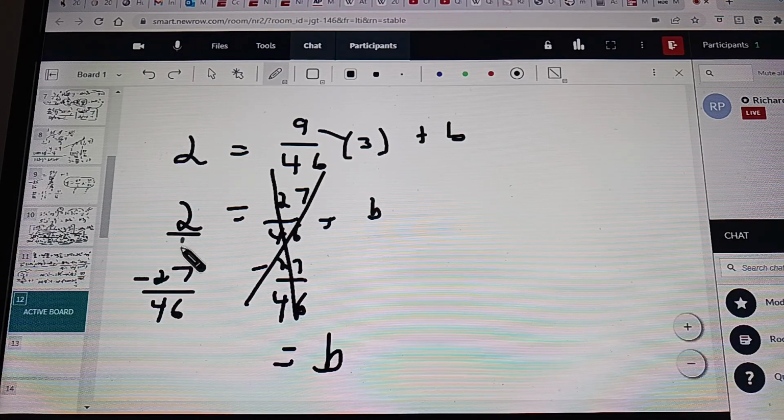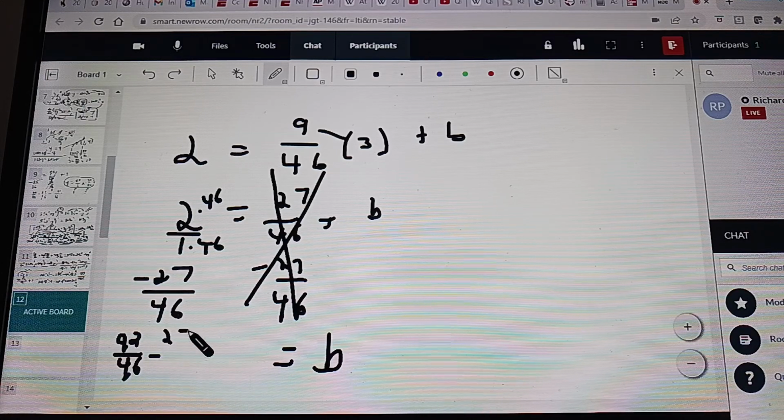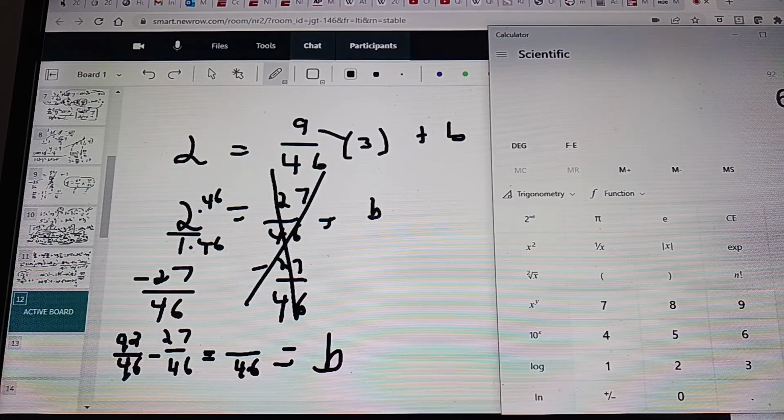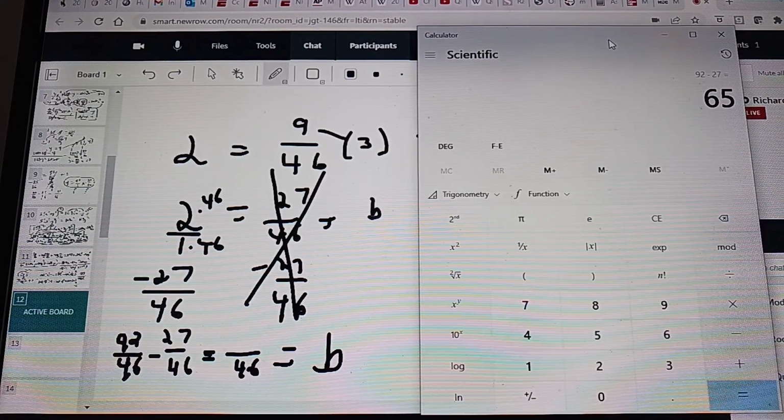I would put this 2 over 1 at first, and then because there's a 46 here, multiply by 46 over 46. 2 times 46 is 92. 92 over 46 minus 27 over 46 is definitely over 46. So 92 minus 27 is 65.